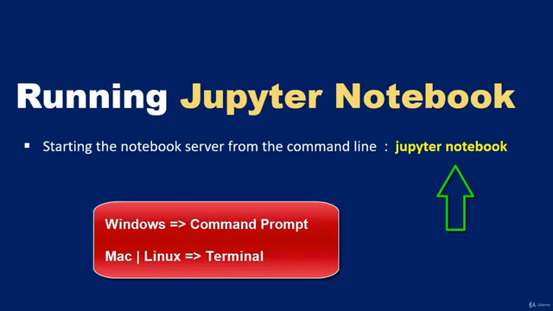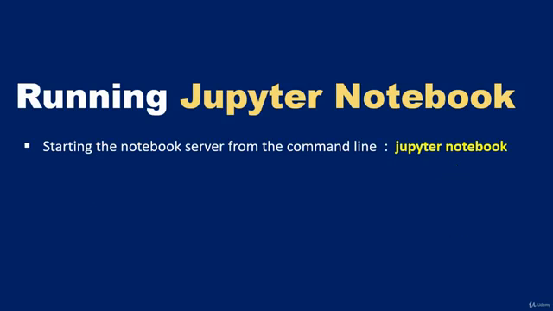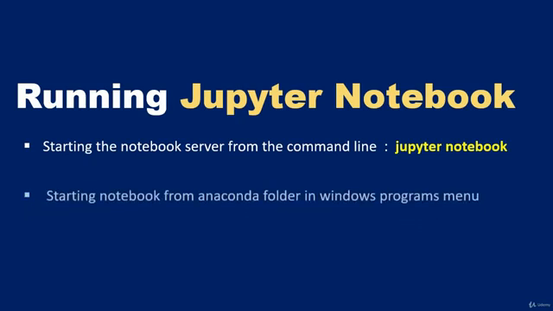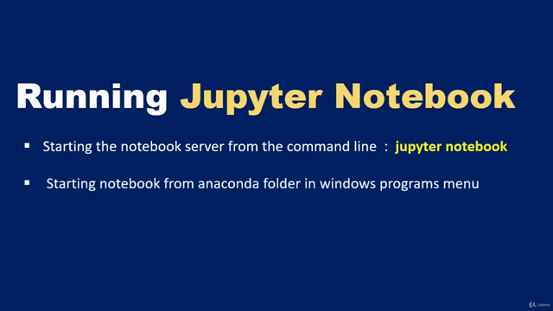The other way to start the Jupyter Notebook server is from the All Programs menu in your Windows-based computer. If you go to the Anaconda folder within the All Programs, there should be an icon there for Jupyter Notebook. You can run it from there as well.